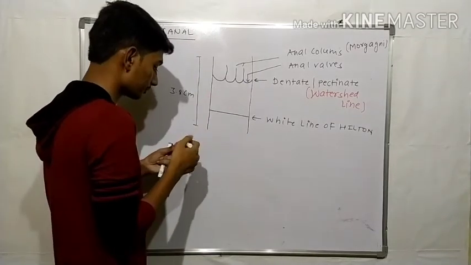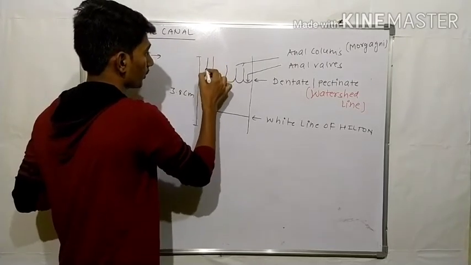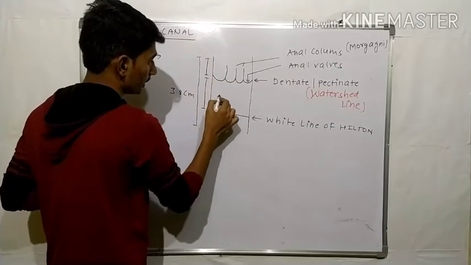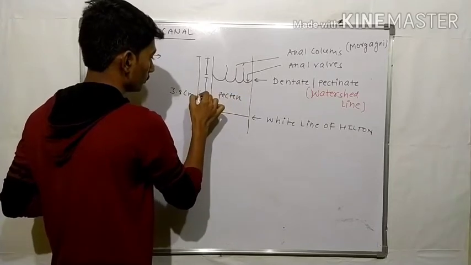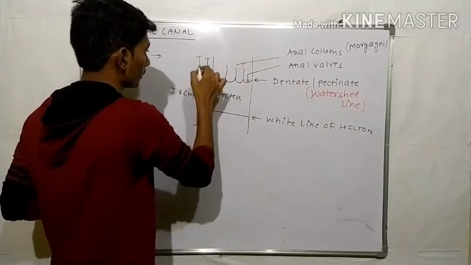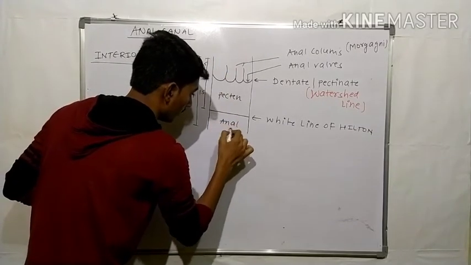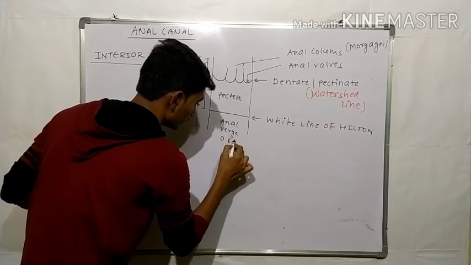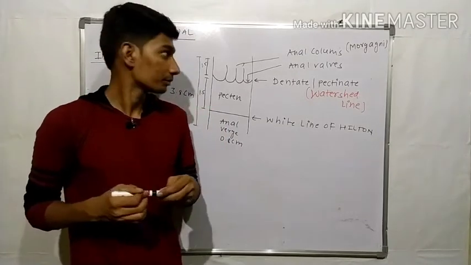Now, out of this, the part up to this point is 1.5 centimeter long. This area is known as pecten. It is also 1.5 centimeter long, and this part is known as anal verge, and anal verge is 0.8 centimeter long.